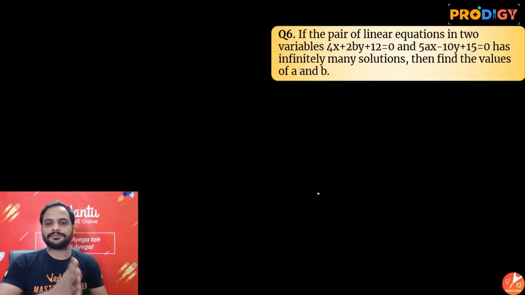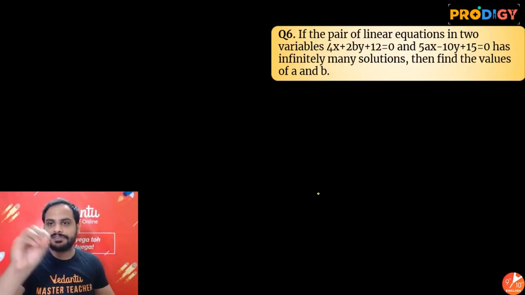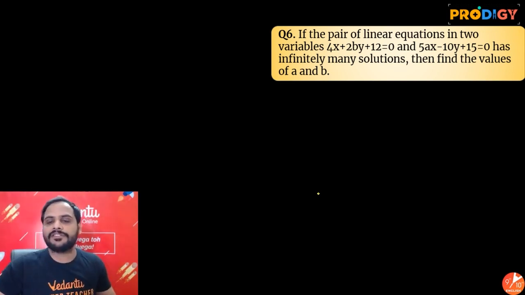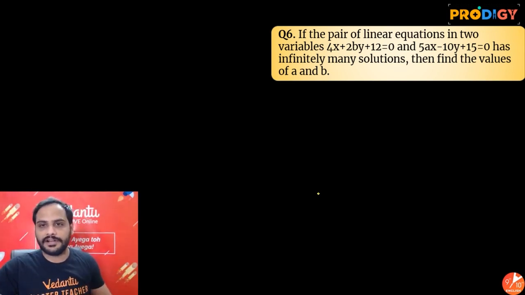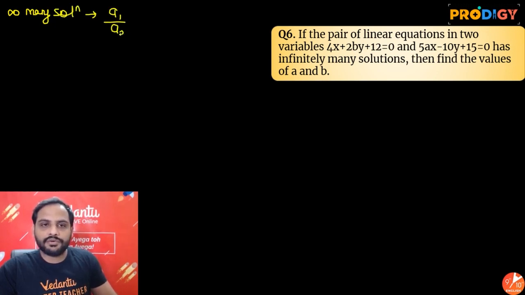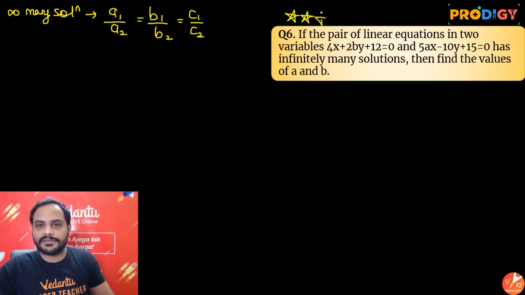This is a very good question. If the pair of linear equations in two variables, this and this, has infinitely many solutions, then find the values of a and b. So beta, again, for infinitely many solutions, the condition is what? A1 by A2 is equal to B1 by B2 is equal to C1 by C2. Remember, these kinds of equations are very important for your board examination.